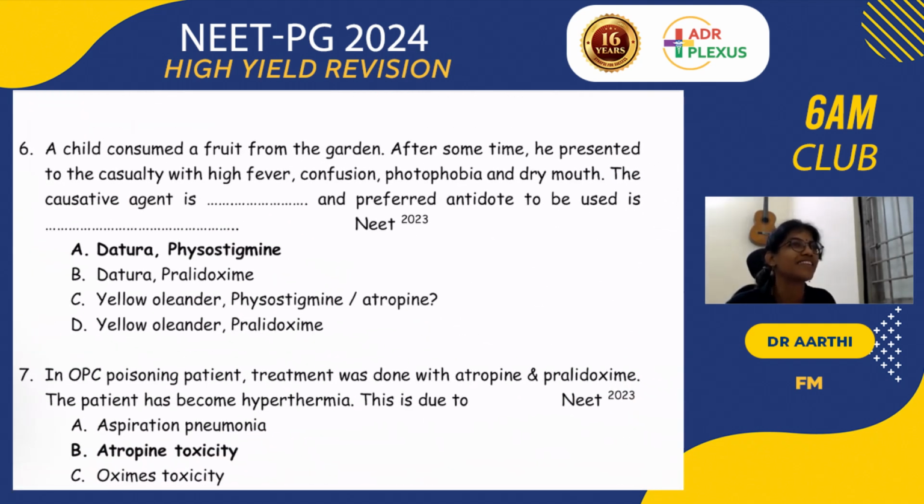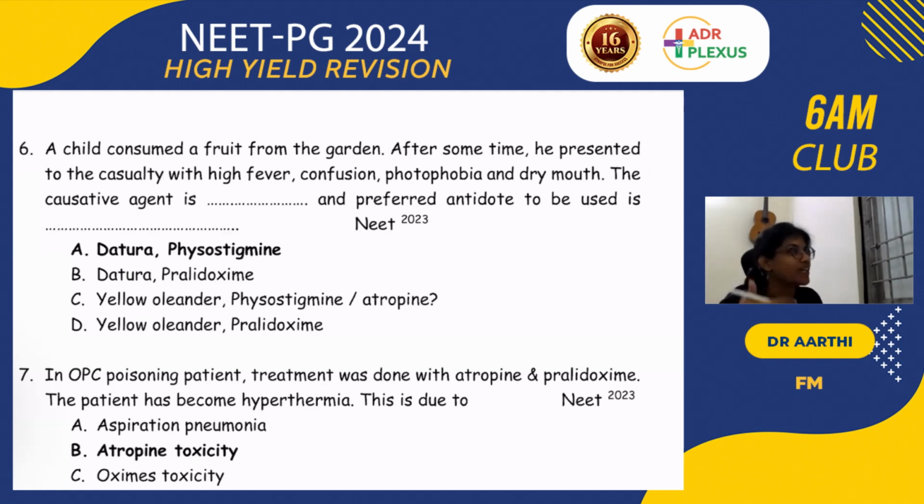Okay, the child here presents with fever, confusion, photophobia and dryness of mouth. One of the clues that can easily point us is, yes, of course, the increase in temperature. And the other thing is dryness of mouth, right? Now, see, in organophosphate poisoning, the patient presents with increased sweating and everything. You're going to give atropine as the treatment, which causes dryness and everything.